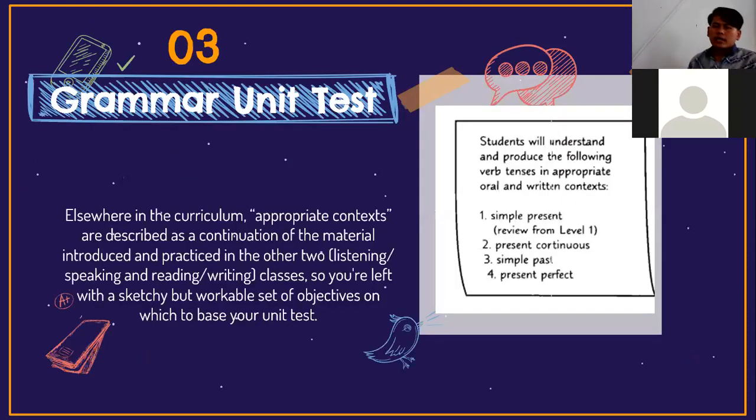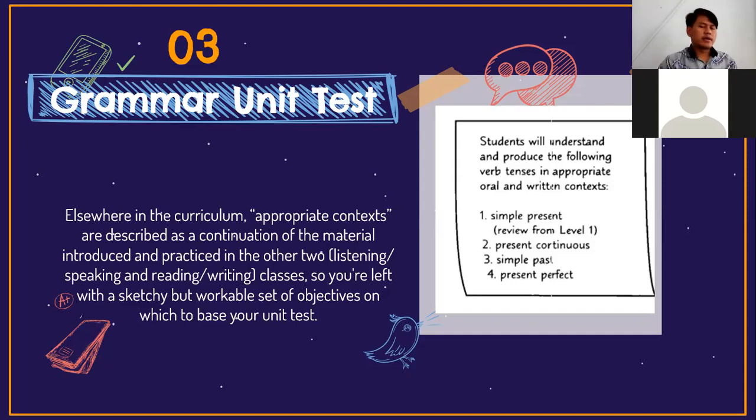The third topic is the grammar unit test. You can see an example of the grammar test on the left side, from simple present and simple continuous until present perfect.